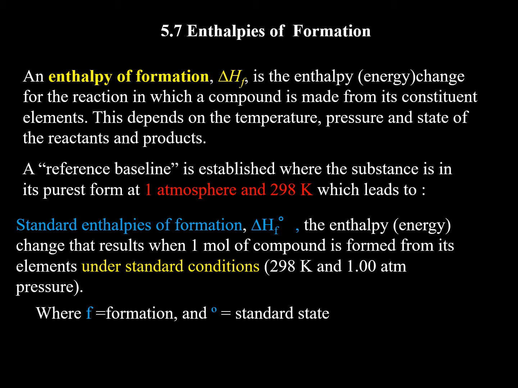So we come up with these standard enthalpies of formation, meaning that at these conditions, we can decide how much energy is produced or released to make that particular compound. The delta H is the enthalpy change, F stands for formation, not final, and this circle here in the top right indicates our standard state. Standard state, again, means at 1 atmosphere and 298 Kelvin.